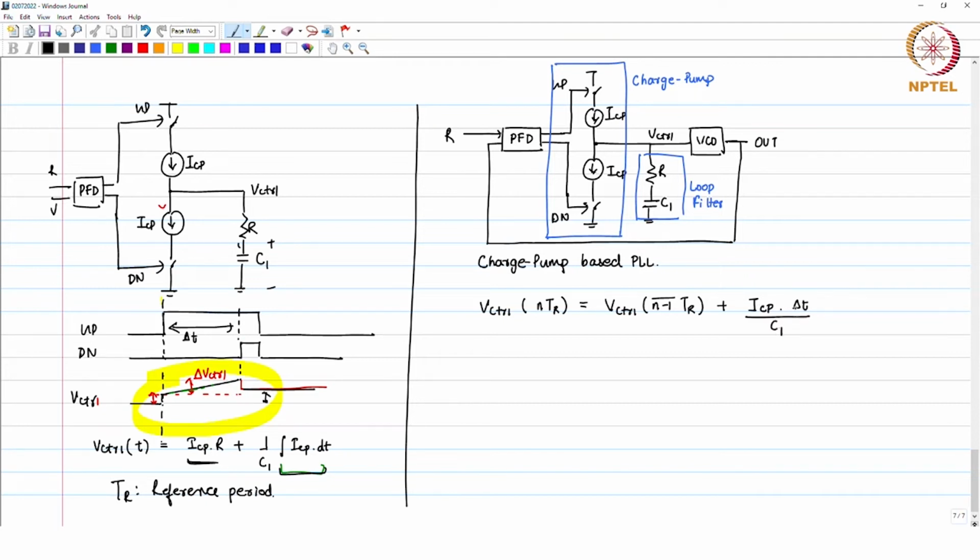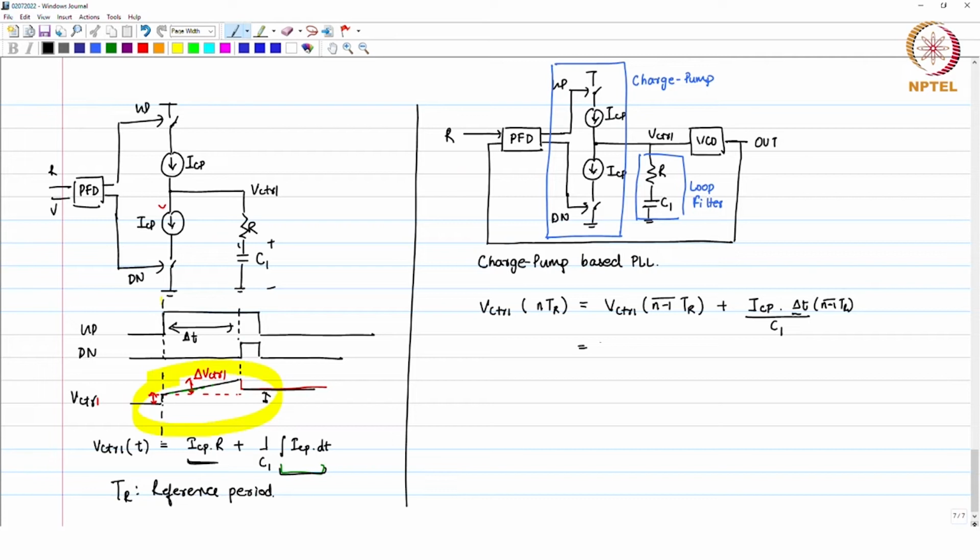And this delta t is the phase error in the previous cycle, the (n minus 1) T_R cycle.